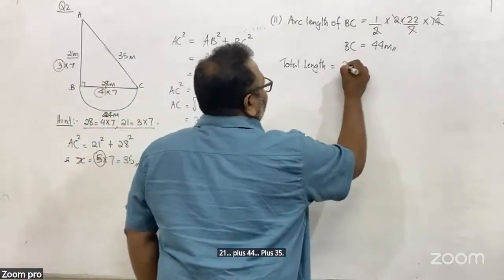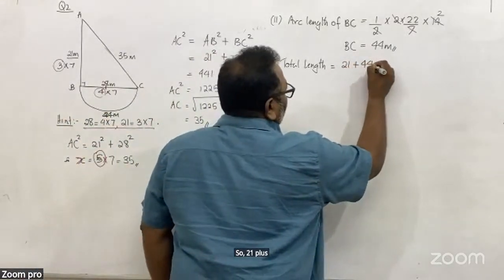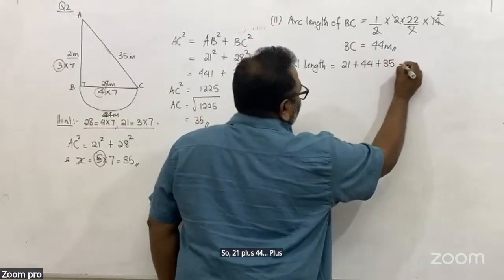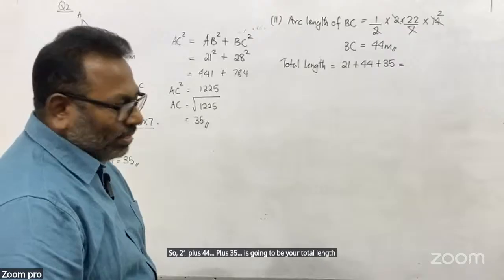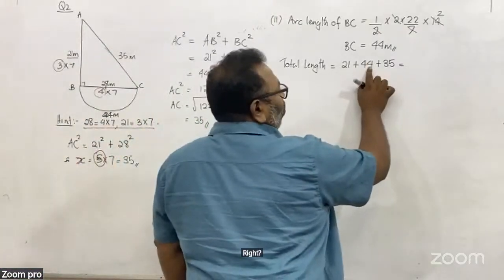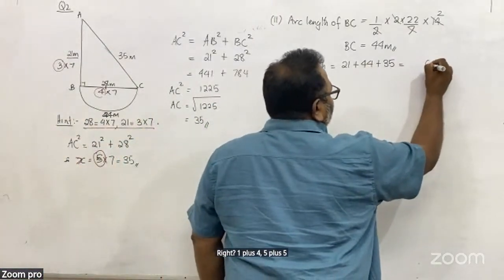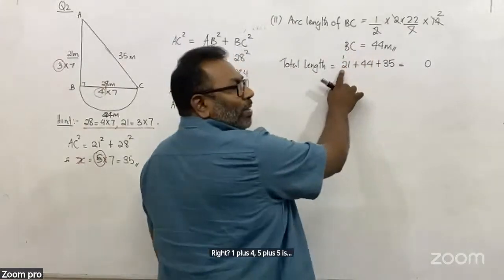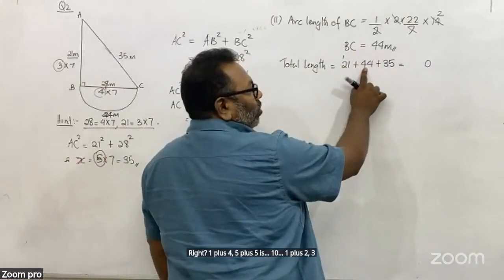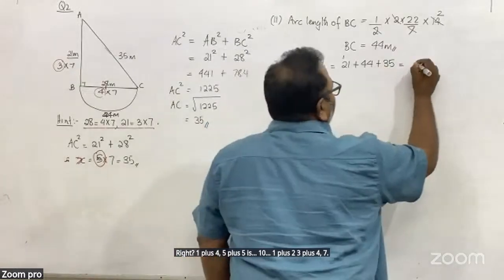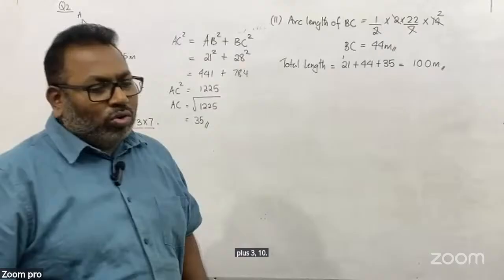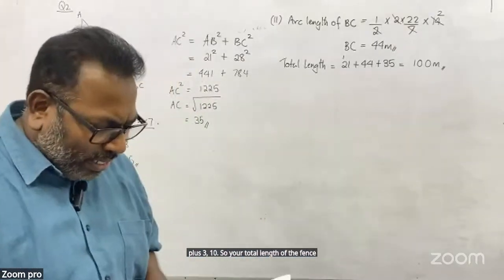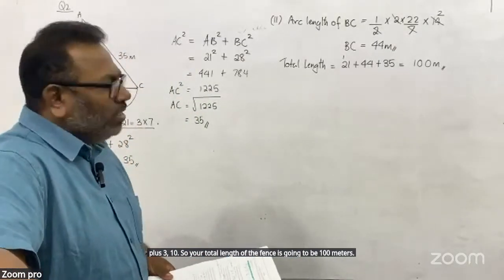So 21 plus 44 plus 35 is going to be your total length of the fence. 1 plus 4, 5 plus 5 is 10. 1 plus 2, 3 plus 4, 7, plus 3, 10. So your total length of the fence is going to be 100 meters. That is question number 2.